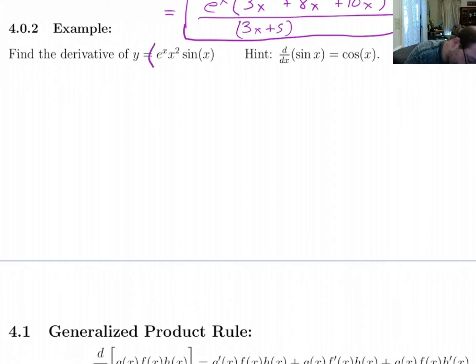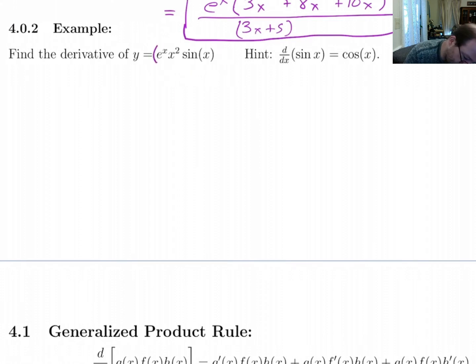We could split it up like this and treat this as the first and this as the second. Or we could split it up like this and treat e to the x as the first and x squared sine x as the second. It doesn't matter which way we do it. If we do it either way and simplify, we'll get the same thing.